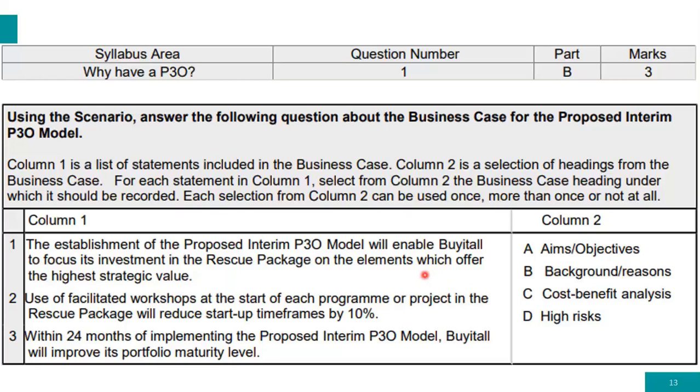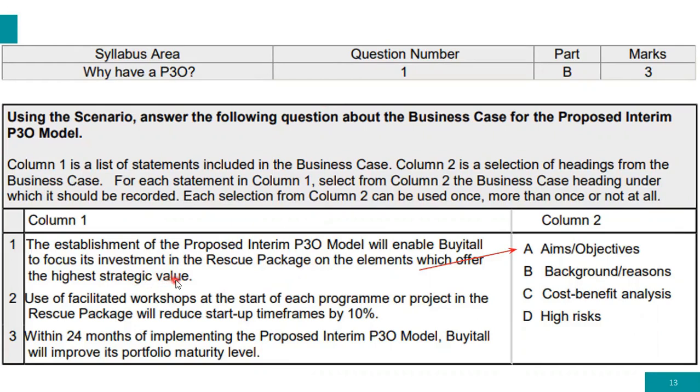Now the answers for question numbers 1, 2, and 3 are the following. The answer for question number 1 is A. The establishment of the proposed interim P3O model will enable Buy It All to focus its investment in the rescue package on the elements which offer the highest strategic value.